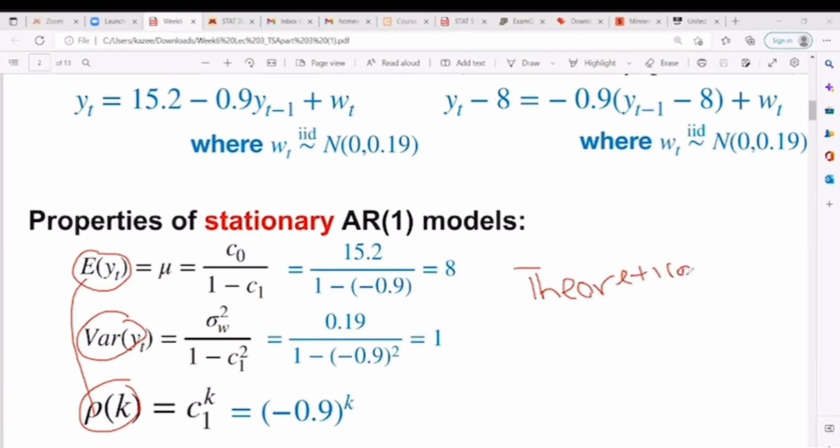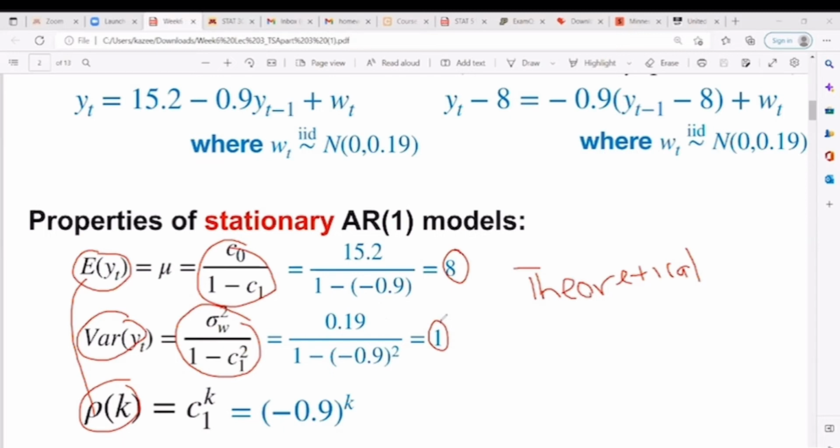So what do I mean by that? Okay, 8 here means if I want to get the theoretical mean, I'm actually going to use this formula and that will give me 8. If I want to get the theoretical variance of Yt, I'm actually going to use the formula here, and I'm going to get this.